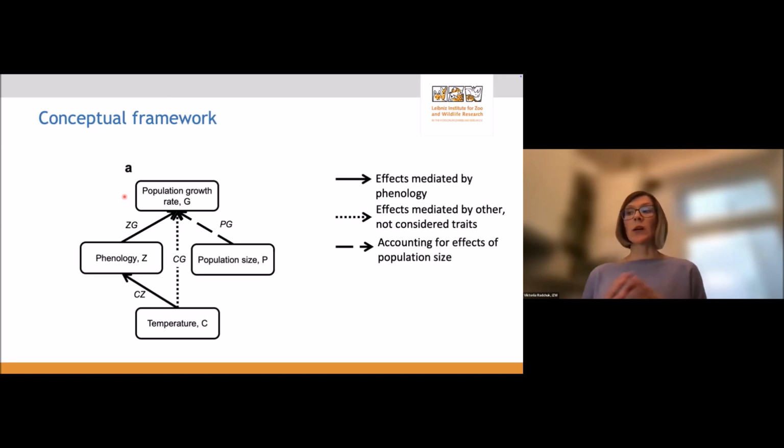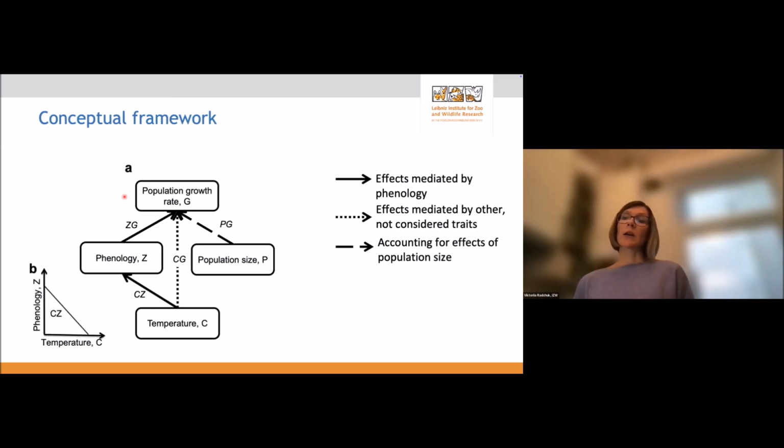The data that we use are time series of phenological traits and population growth rates taken annually, and the temperature variable that we found using our sliding window analysis. These arrows are slopes of the effects of temperature on phenology for each particular study in our dataset.